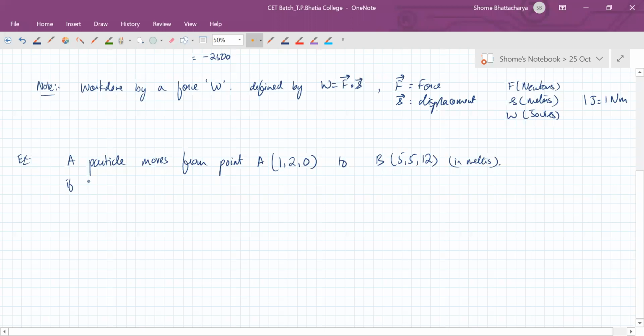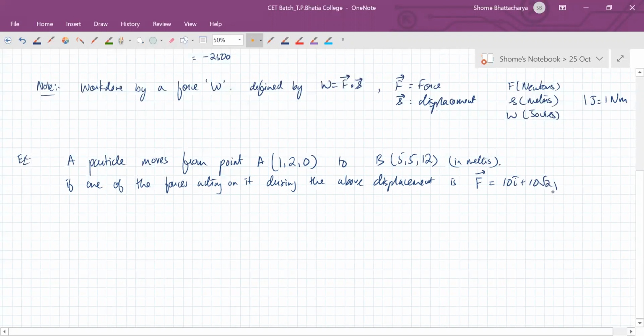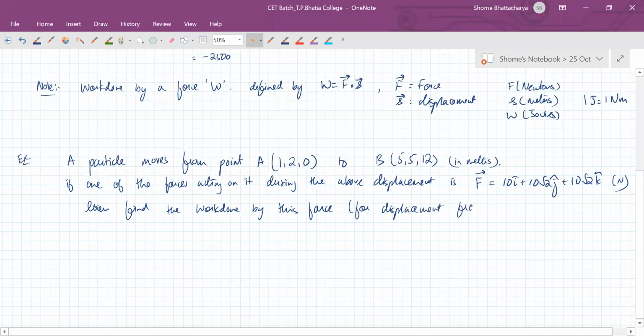So if one of the forces acting on it during the above displacement is F equal to this, in newtons, then find the work done by this force for the displacement A to B. So just try this question out, people.